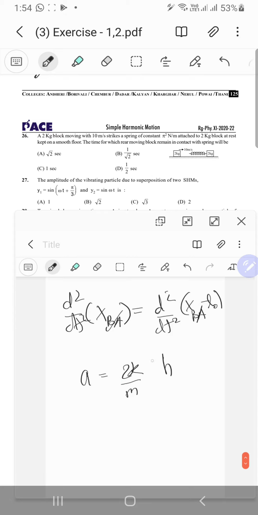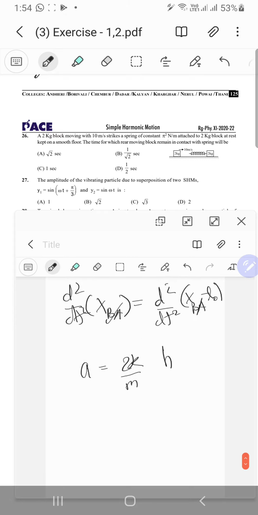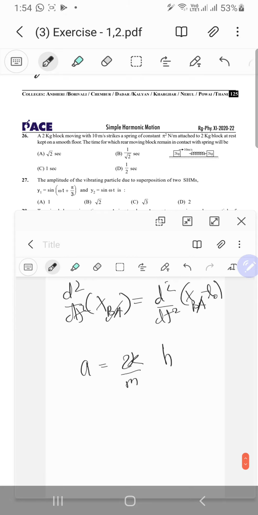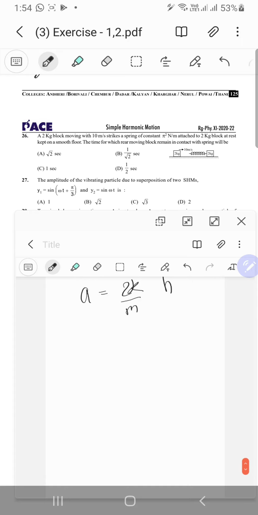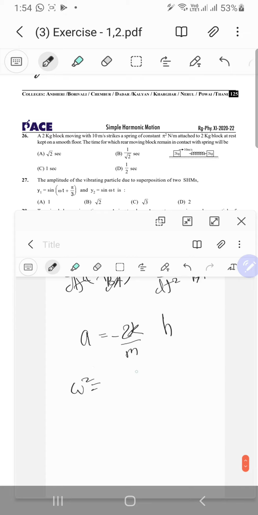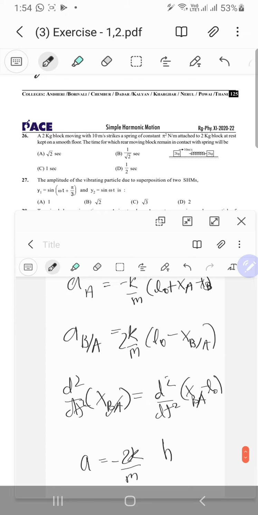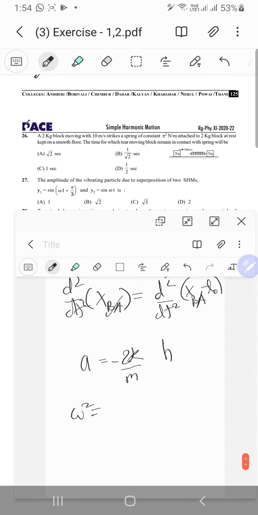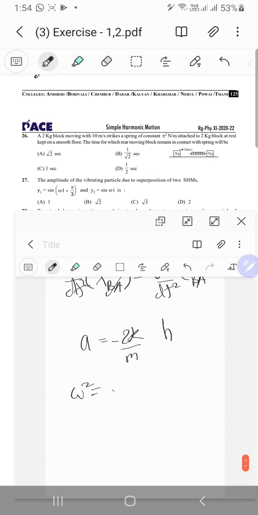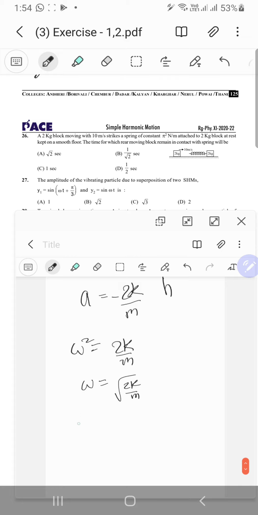Omega squared, it should be minus over there. Omega squared is 2k upon m. Omega is square root of 2k upon m. The time period is 2 pi square root of m upon 2k. Cool.